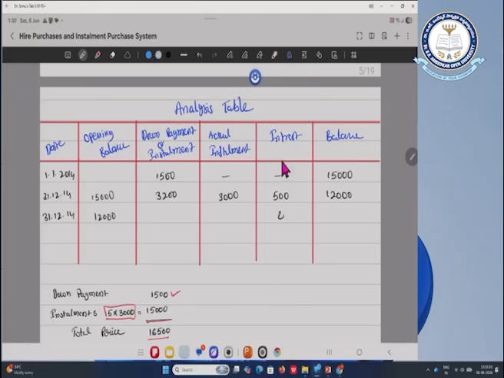How much interest did we pay? 400 rupees, sorry, and the installment is 3,000. So in total we paid 3,400. This is the table; after calculation of this interest, we also have to prepare the same analysis table.